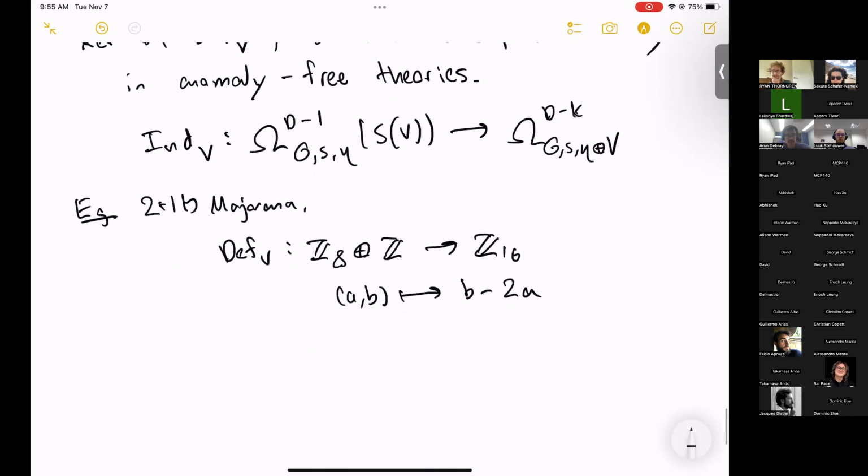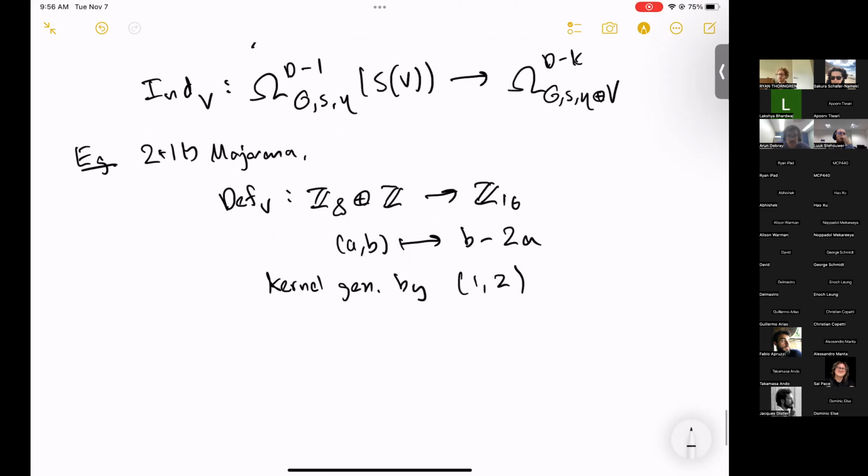So there's a kernel, evidently. It's generated by, what's it generated by? I don't know. (1, 2), it looks like. b is 2 minus 2a. Okay, it looks good. So let's see that that's the image of the index map.